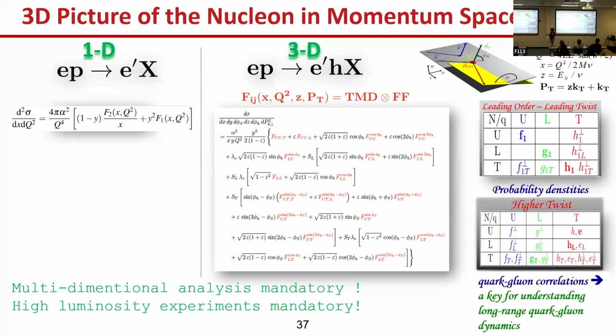But I have also higher twist, which enter into these structure functions, that does not have a probabilistic interpretation, but gives me information about the quark-gluon correlations. And this is the key for understanding the long-range quark-gluon dynamics. So everything is very complicated, how we do this experiment.